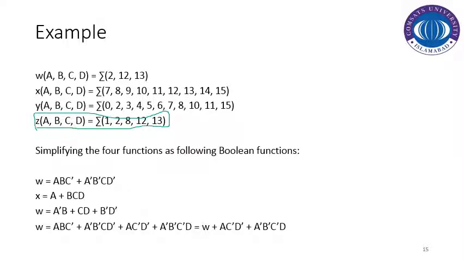So first of all, let us simplify W, X, Y, and Z. This is Y and Z. We can say that Z can be represented as W plus these two terms.